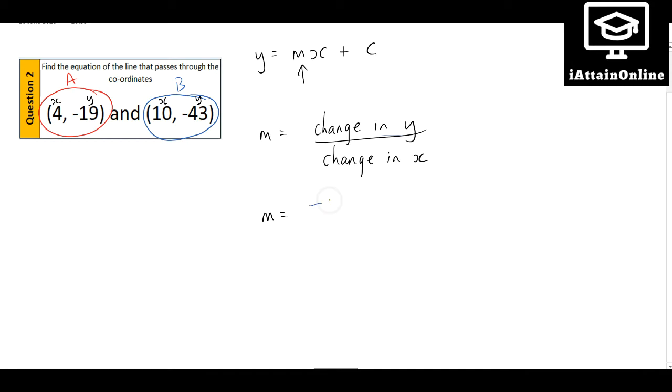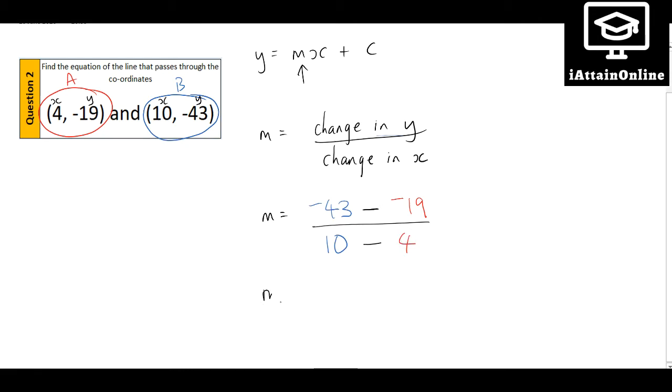So I'm going to do negative 43, that's my y value in coordinate B. And because I'm working out the change, I'm going to take away whatever my y value is in coordinate A. Now be careful here, because that y value is not 19, it's negative 19. And I'm going to divide that by my x value for B, which is 10, and we're taking away whatever my x value for A is, which in this case is 4.